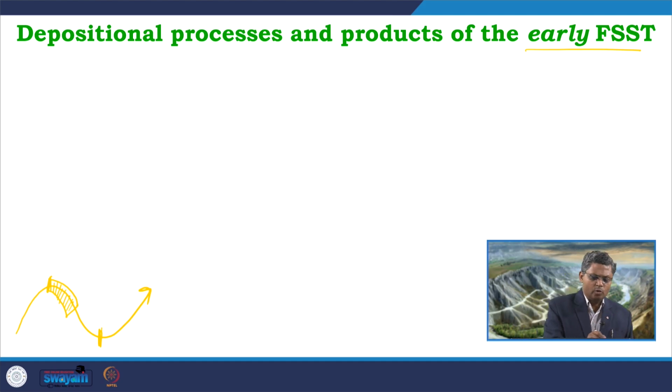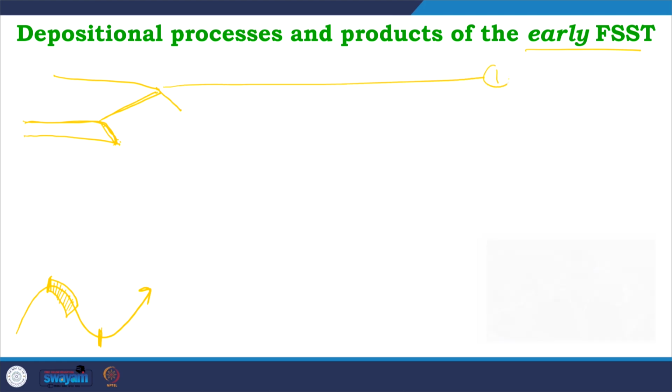So, again we will look into the highstand prism in the continental part. It looks something like this. If I want to make a 3D diagram, it will be something like this. So, this was the water level at the end of the HST.